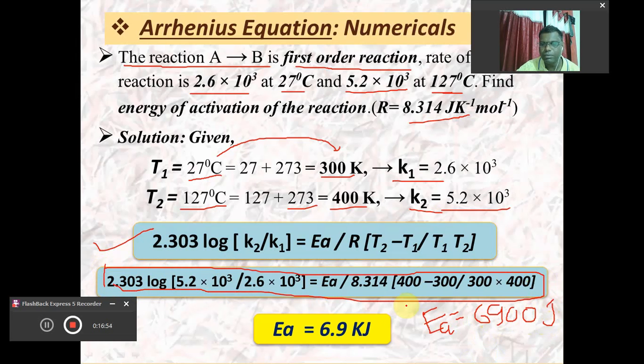This should be your answer, because here the value of R is in joule. So initially, whatever value you get after solving all this, that answer will be the energy of activation in joule. And if you convert this energy of activation from joule, it will become 6.9 kilojoule per mole.